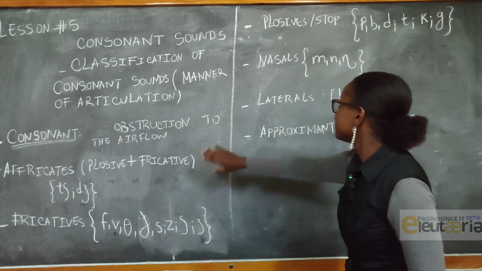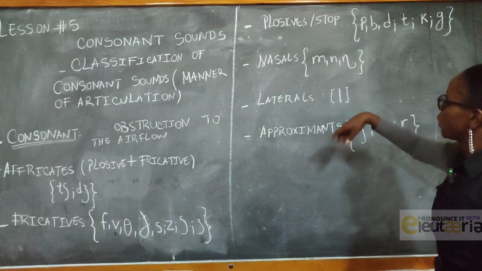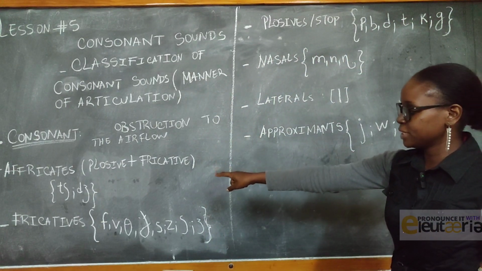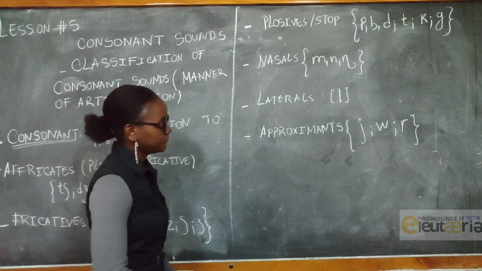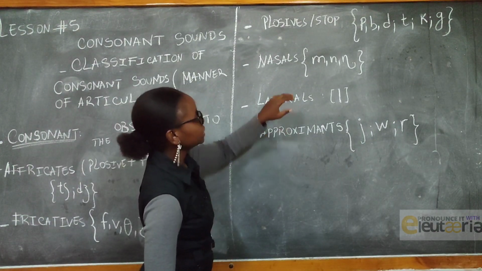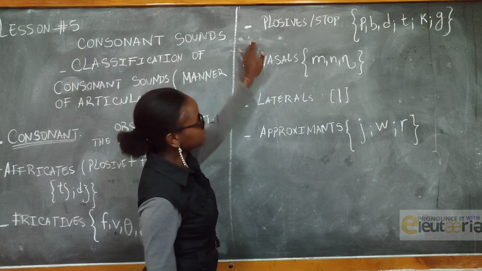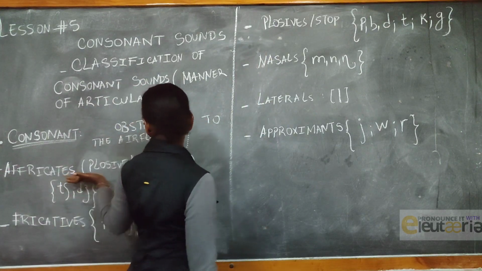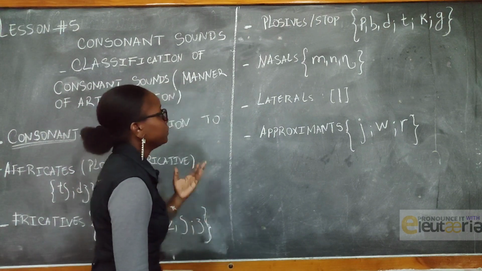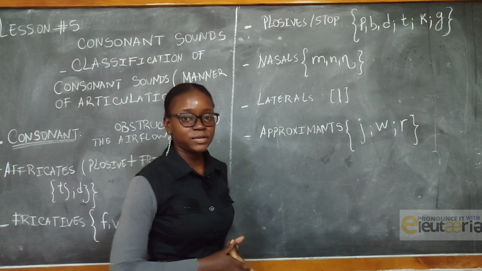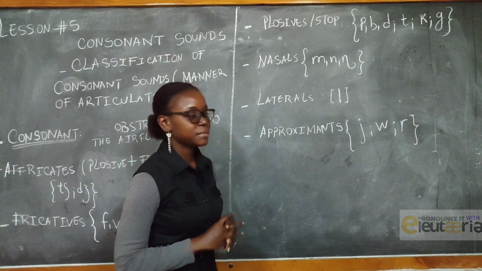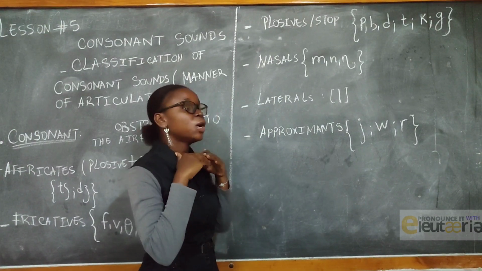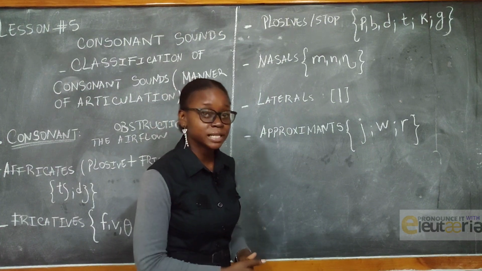Moving on, we find the plosives or stops, which we briefly described while studying the affricates. Plosives are the sounds that we articulate by blocking the airstream in our mouth, but then we release it abruptly.